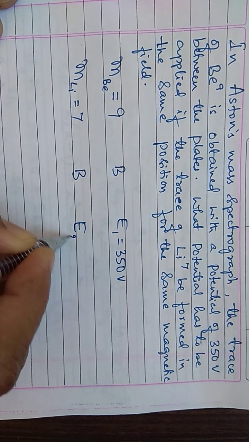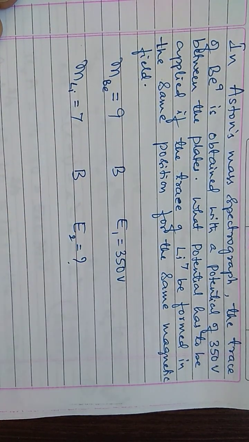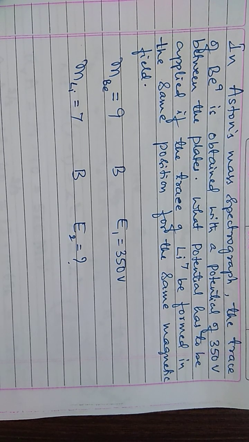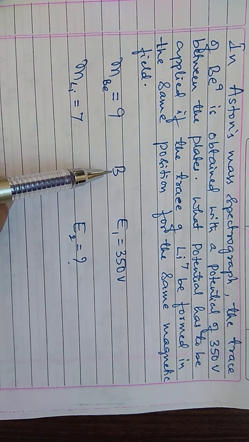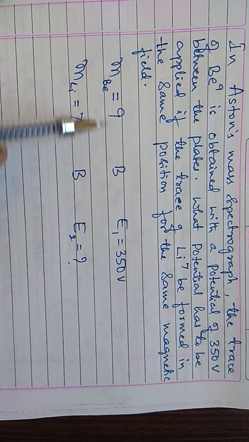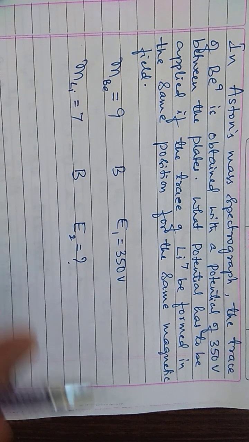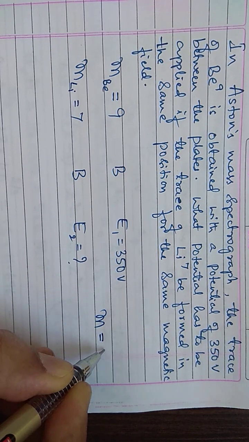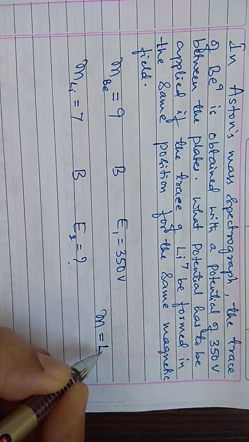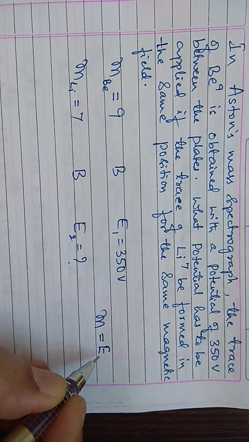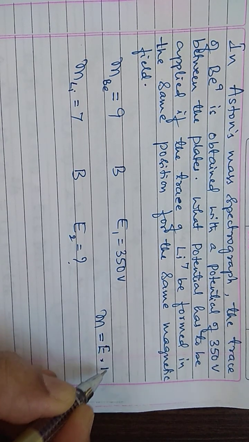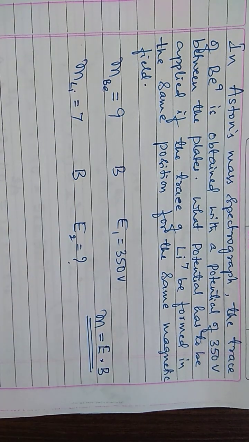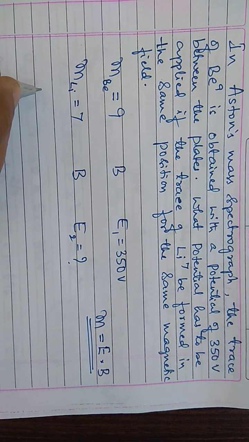Here how much is the voltage, the potential, that we are supposed to apply? The magnetic field multiplied by the voltage is related to the mass. So use this focusing condition. This is called the focusing condition.